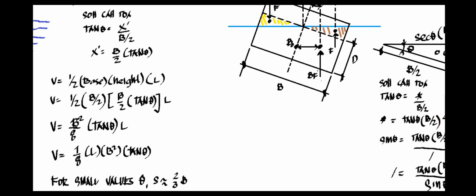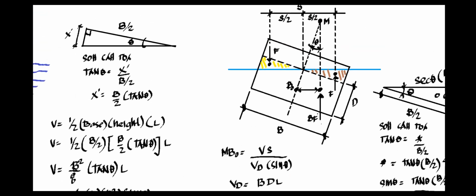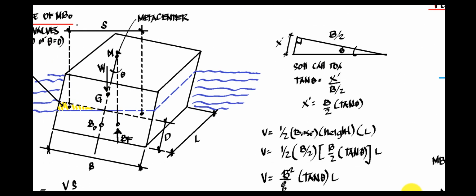Now from the equation we were doing earlier, we have your equation for the M V sub O, which is equal to the B S divided by the volume displacement times the sine of theta, where our volume displacement is equal to B times D times L. Going back here, B is the width, D the depth and L the length.